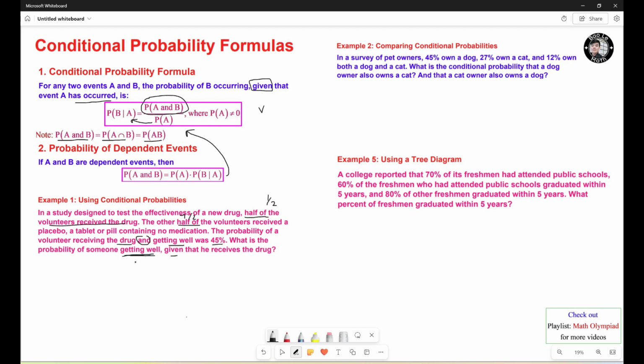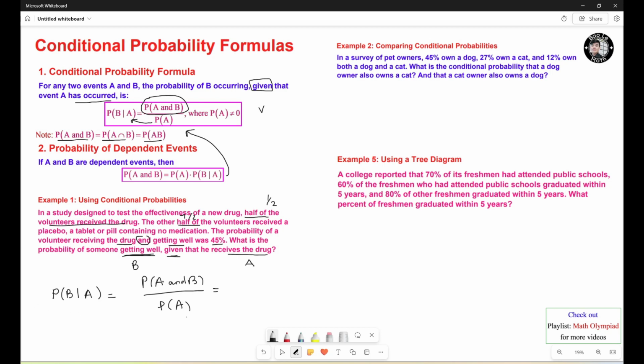I call this B. Given that he received the drug, I call this event A. So I have the probability of event B given A. Now I apply the formula right here: the probability of A and B divided by the probability of event A. Now I just substitute the values.